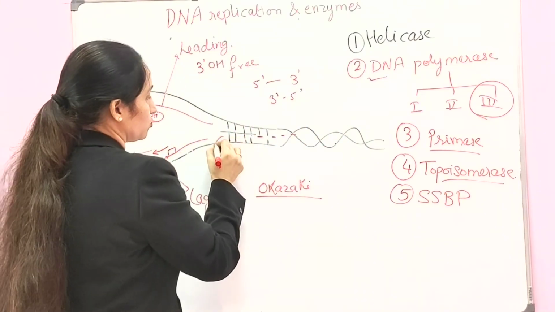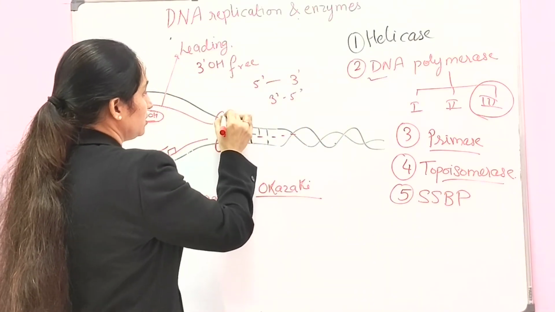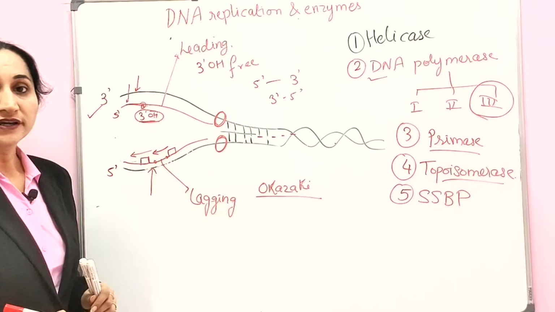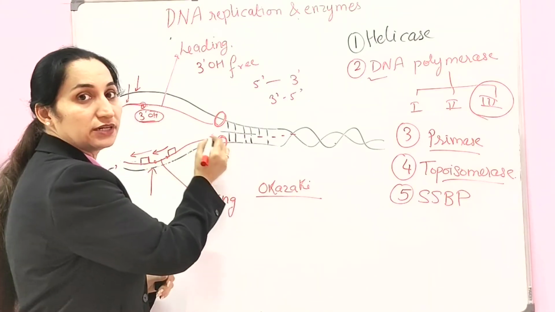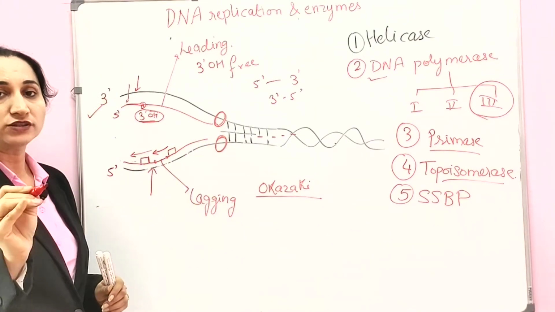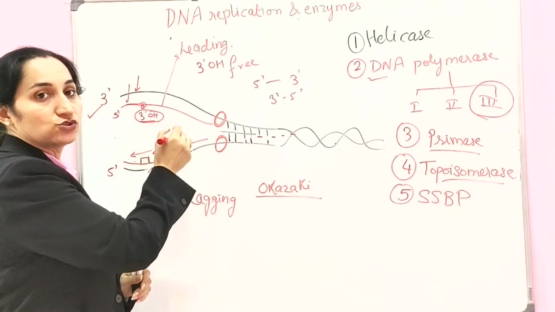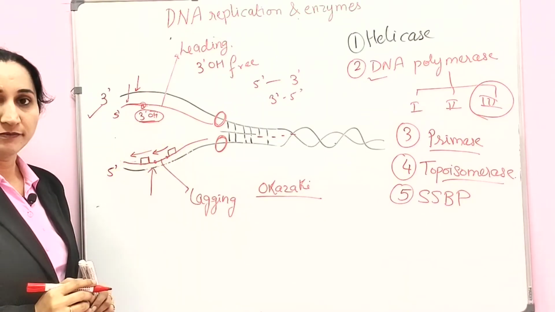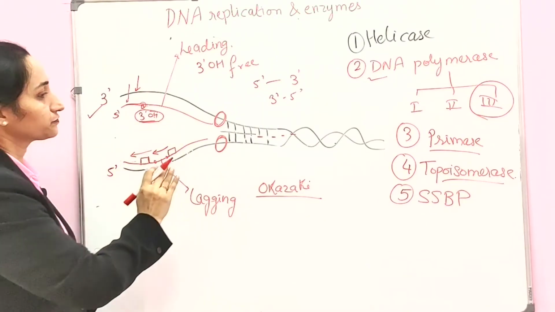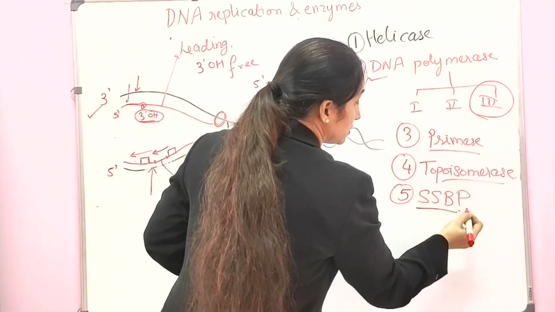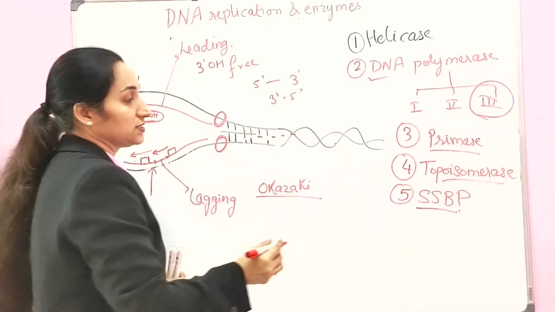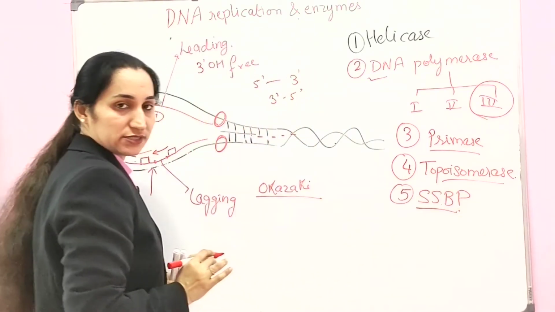These are ring-like proteins, and they will attach themselves here in the replication fork so that the DNA does not recoil. Okay. So this is SSBP, meaning single-stranded binding proteins.